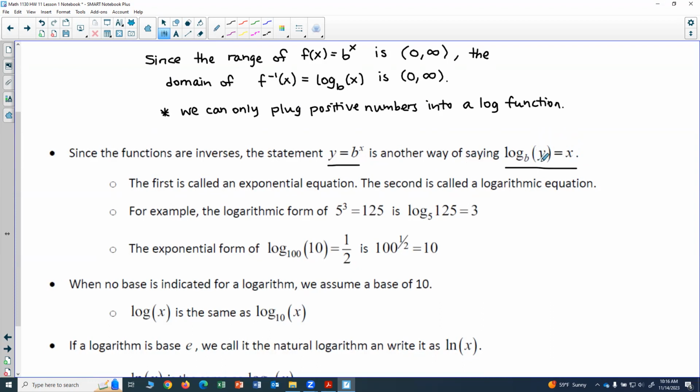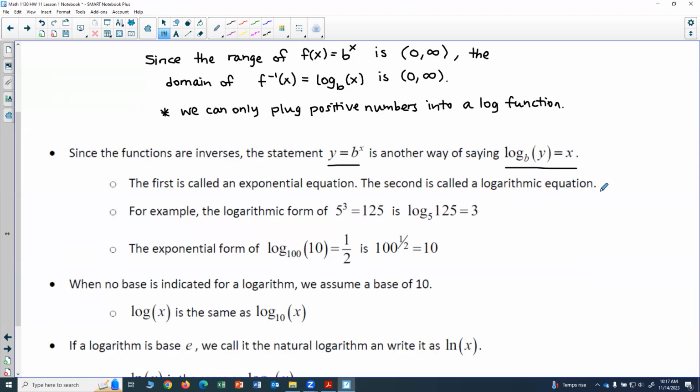So the input of the log function is the output of the exponential function. And the input of the exponential function, the exponent, is the output of the log function. This first function, y equals b to the x, is called an exponential equation, and log base b of y equals x is called a logarithmic equation.